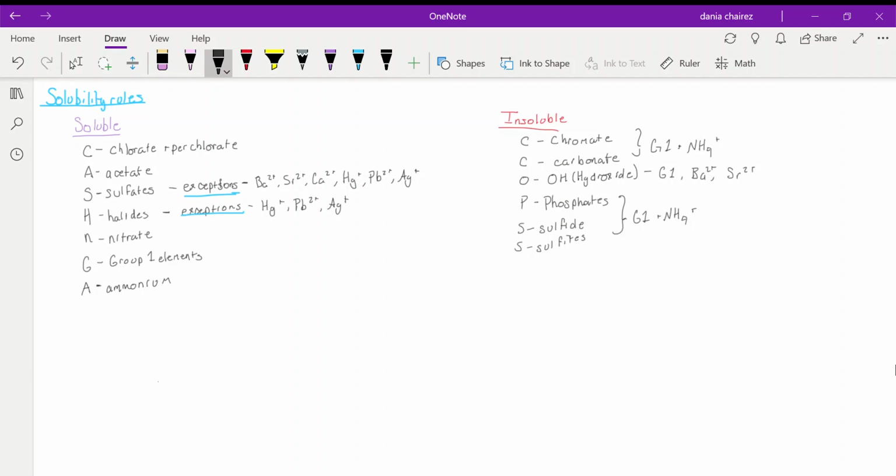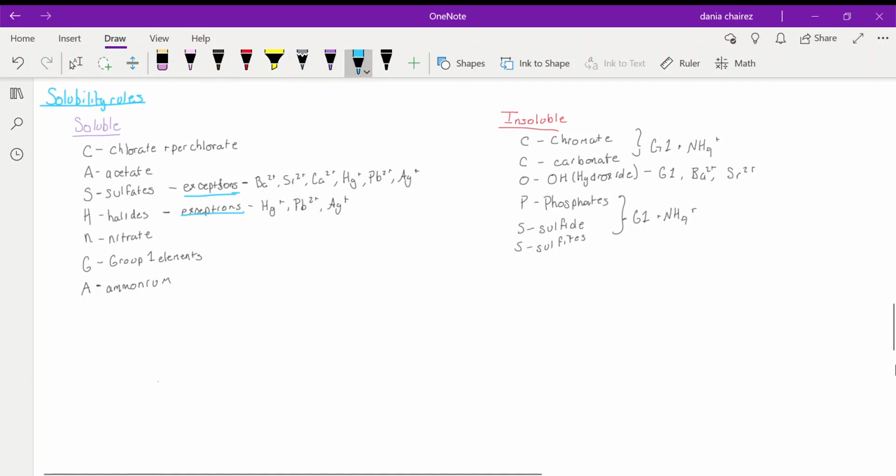So what that means is that all of these are insoluble unless they're mixed with a group 1 element, then they become soluble. And with NH4+, which is ammonium, except for hydroxide, that's group 1, barium, and strontium. If you see them mixed with that, then they become soluble again.